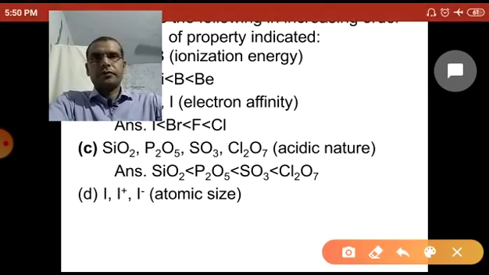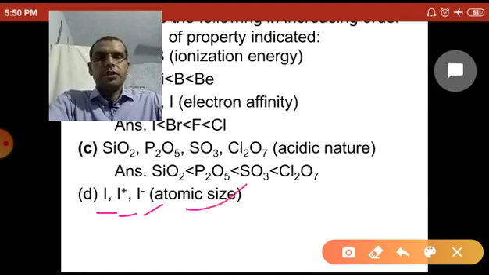Now next, arrange I plus, I, and I minus according to their increasing atomic size. So anions have more atomic size than neutral atoms and cations, and cations have the least atomic size compared to the neutral atom and also the anion.